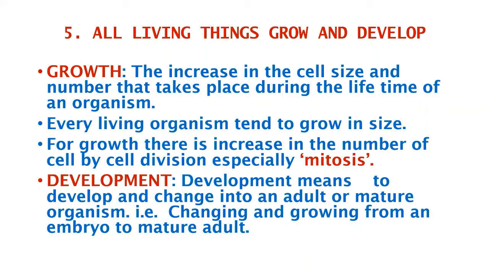So, every living organism tends to grow in size. This growth occurs by an increase in the number of cells in most cases, by a cell division in which genetic material remains the same, and it is called mitosis.